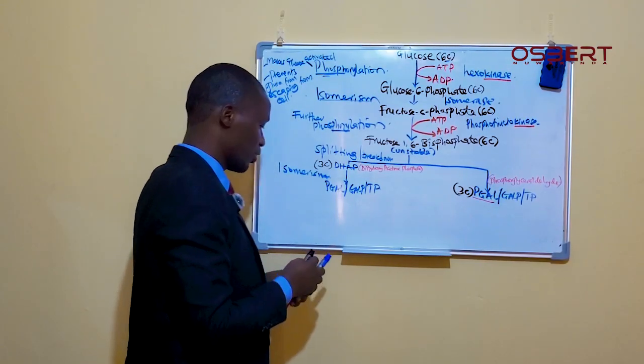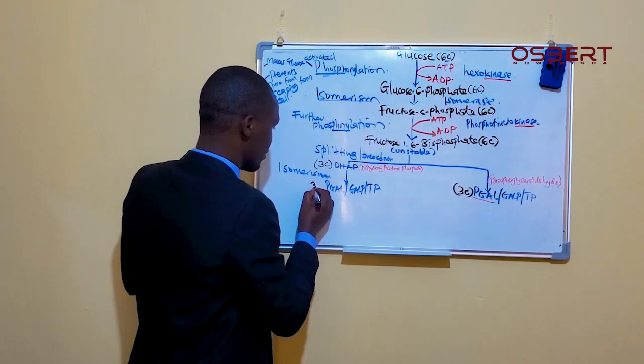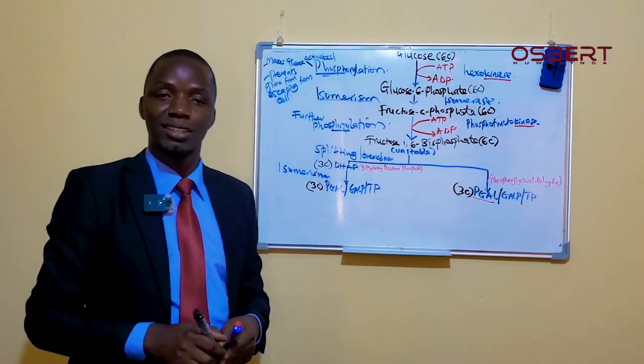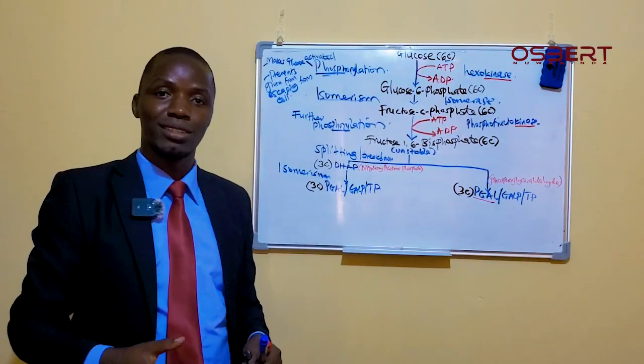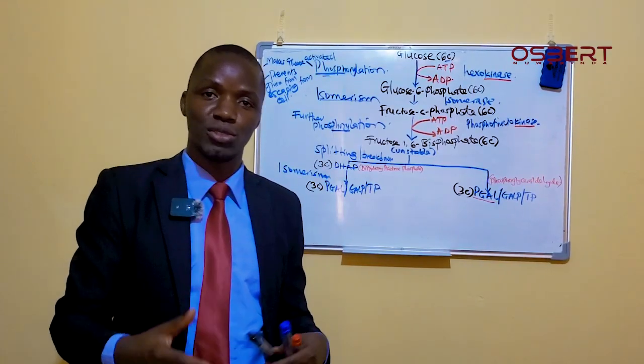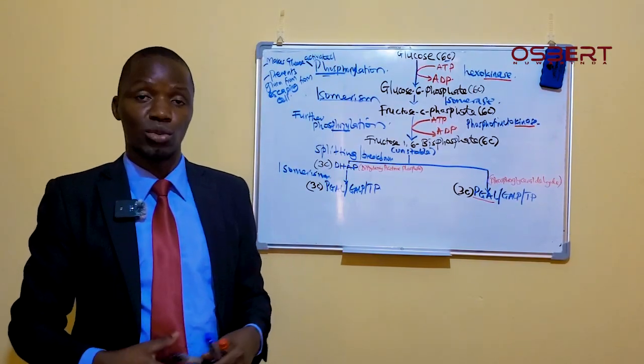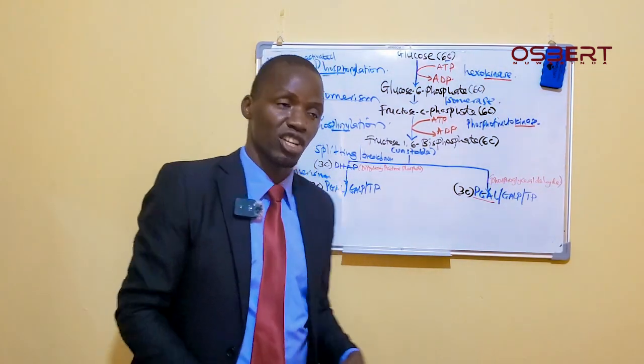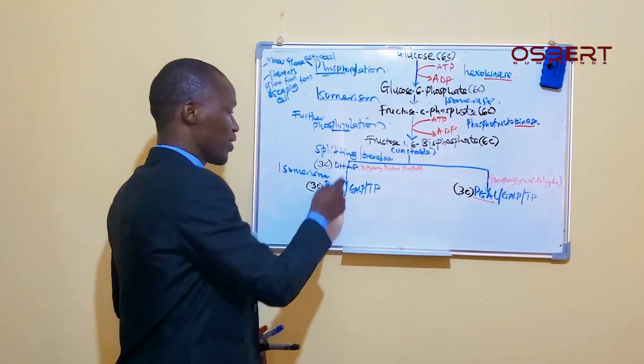This thing that is formed also has just 3 carbons. So DHAP and PGAL have the same molecular formula. What differs is the arrangement of atoms within their structures. Those are isomers. That's what happens with these two.